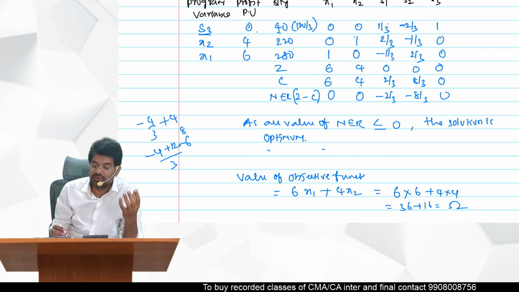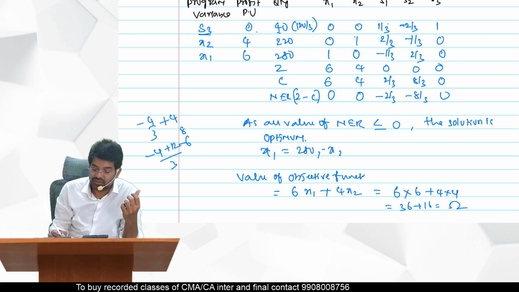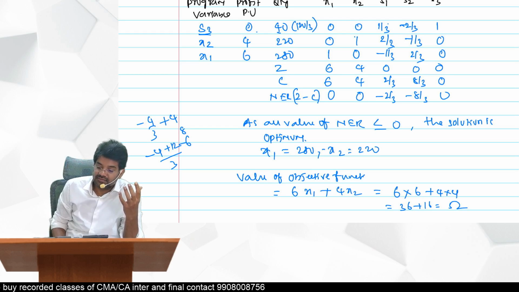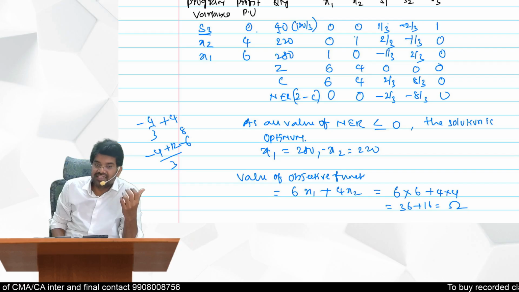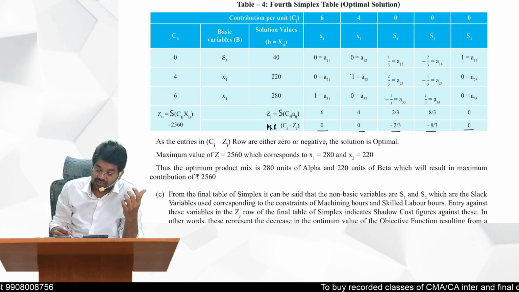So this is what happens when you are in a hurry. So x1 is 280, x2 is 220. Okay, and S3 is not relevant for us. So 280 and 220, the slack variable is not relevant for us.